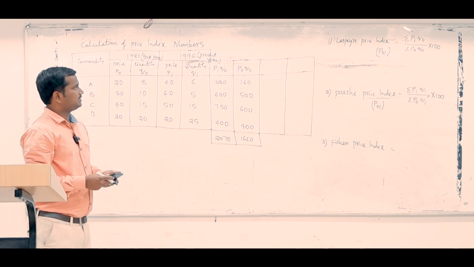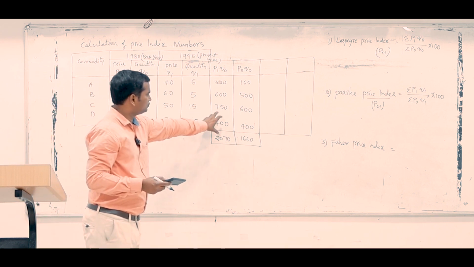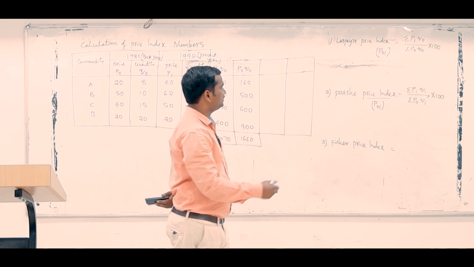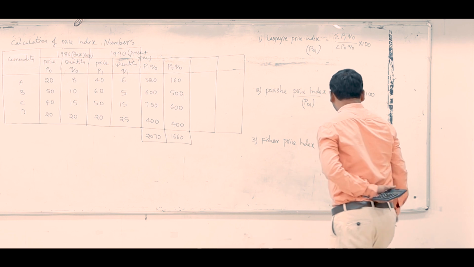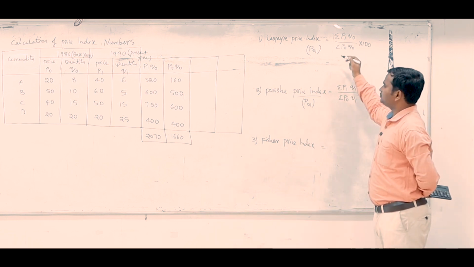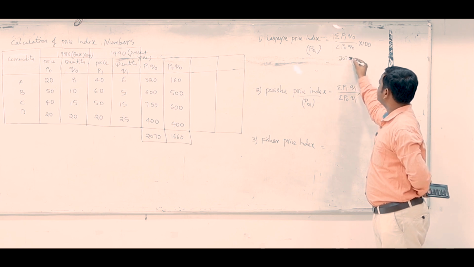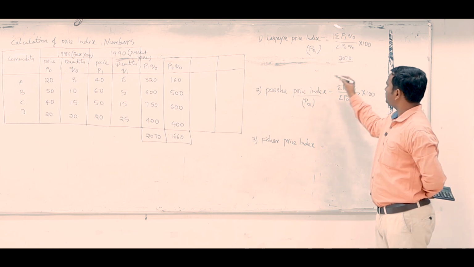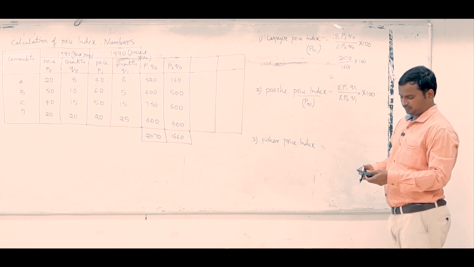So to calculate the price index under Laspeyres method, these two columns are enough. So these two columns, the total value that we should apply in the formula. So here summation P1 Q0, the total of P1 Q0 is 2070 divided by the P0 Q0 total, 1660, into 100.